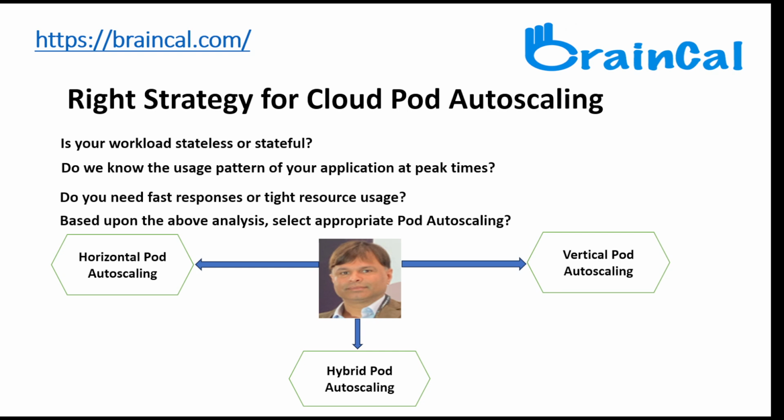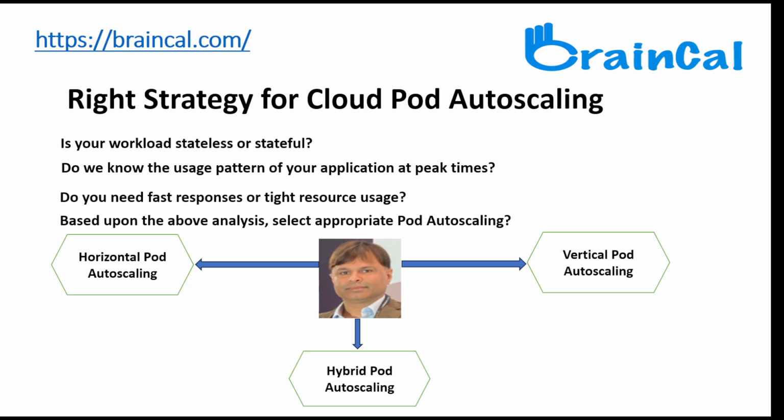Most importantly, what is happening today is the right strategy is not getting thought of very clearly. What we need to understand: has the application workload been assessed on-prem? Is the data available to the cloud team when they are moving from on-prem to cloud?